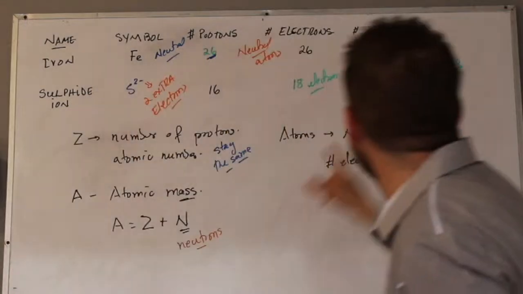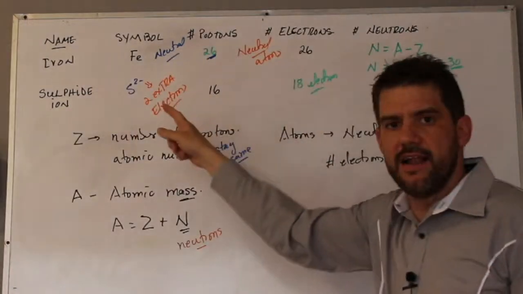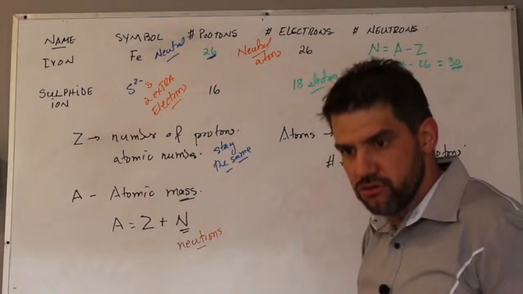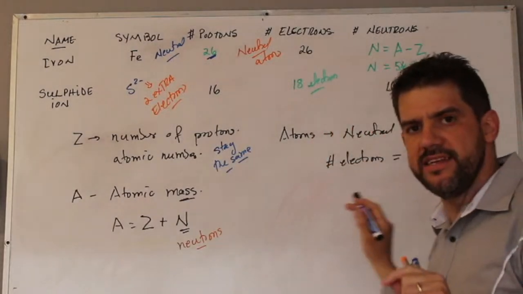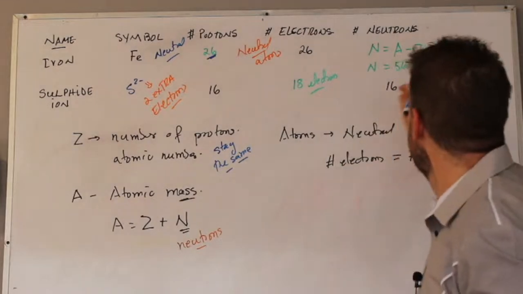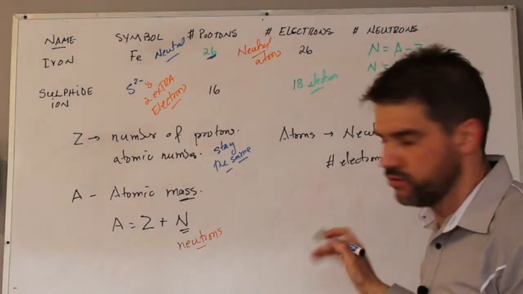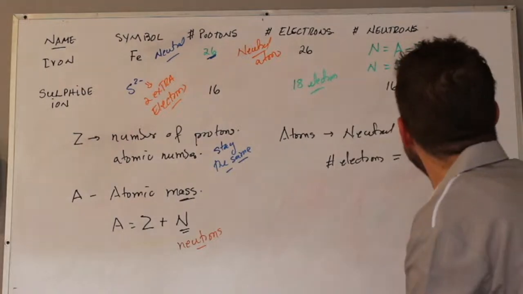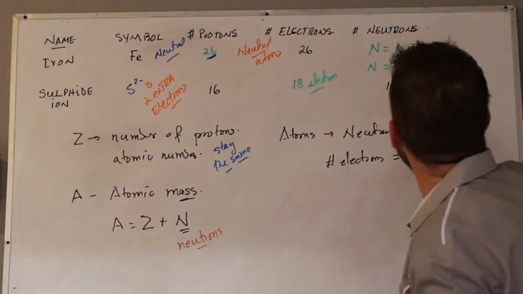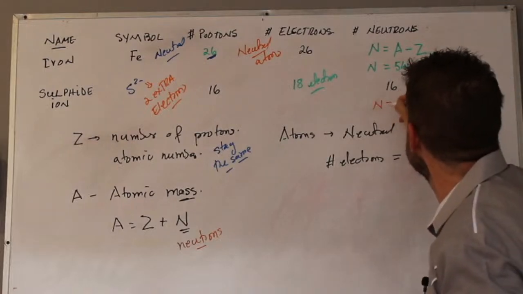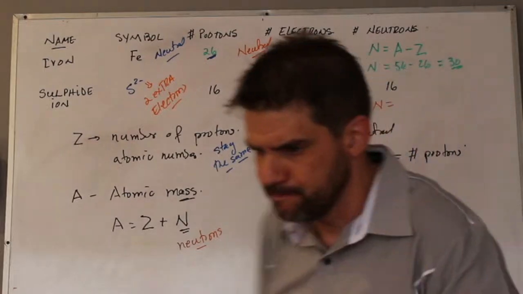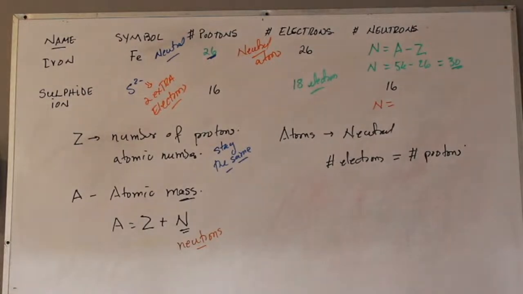Now, the next question is the number of neutrons for sulfide ions. Guys, it's the same way. Remember, the only thing that changes is the electrons, not the neutrons, not the protons. So for sulfide ions, same story. To calculate the neutrons for sulfur, you go to the periodic table.